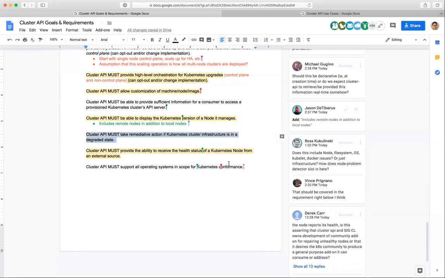And this applies to cluster infrastructure broadly, so that providers can deal with things like fixing firewall rules if they get messed up, for example.